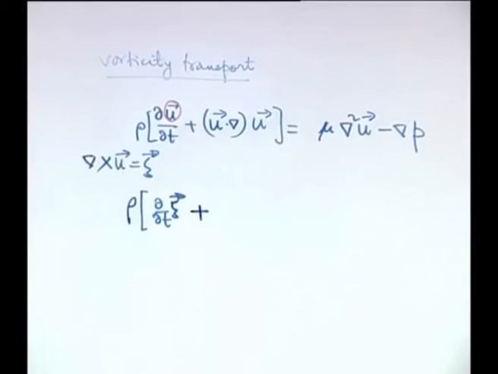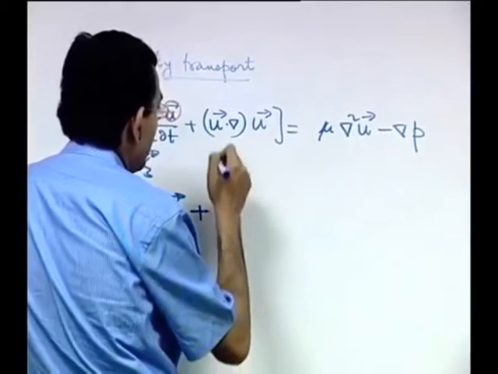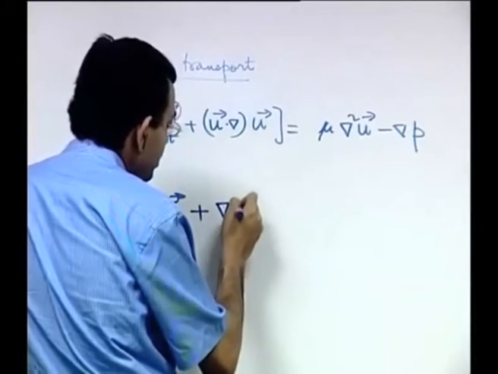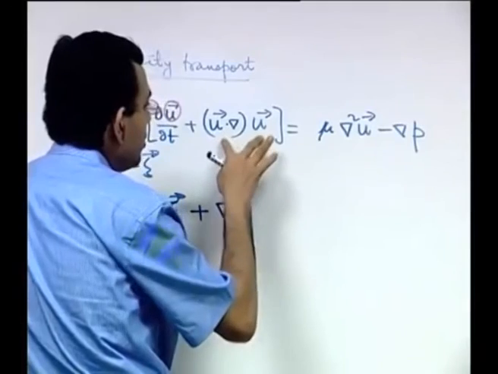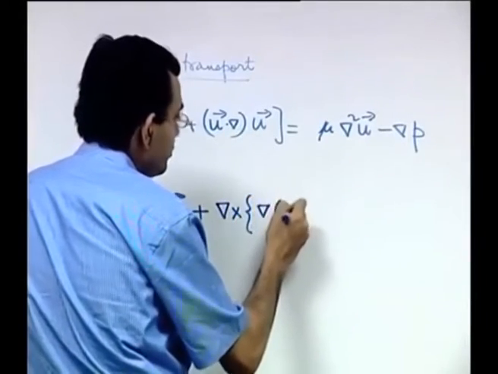Plus, now before taking the del cross, you can simplify this particular term by using a vector identity.